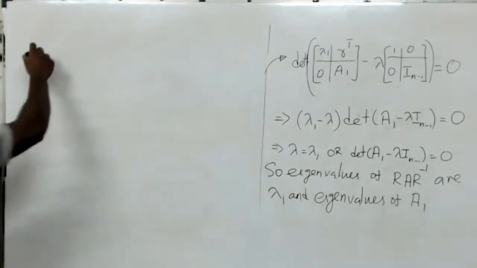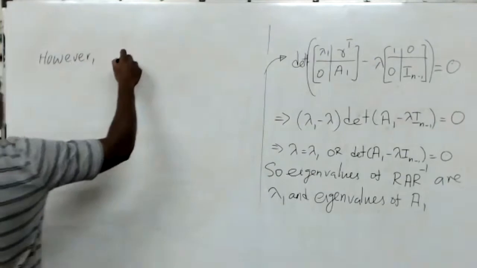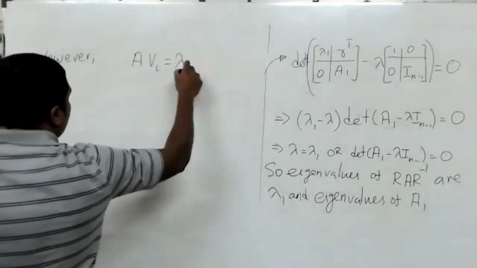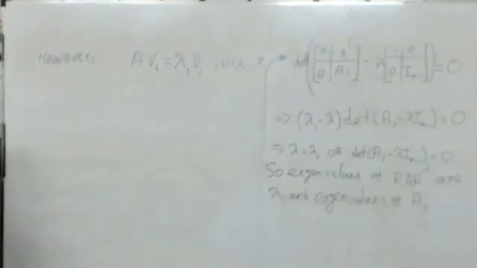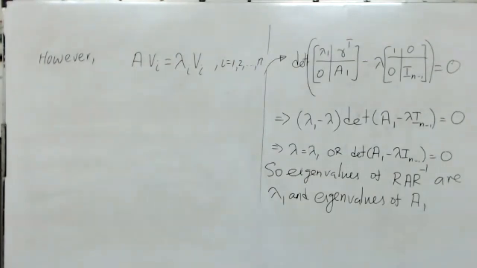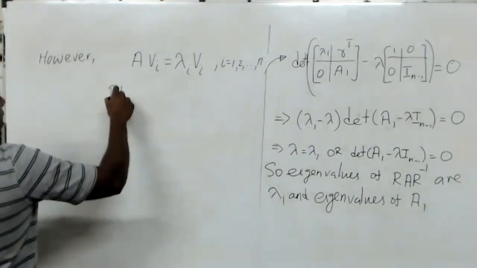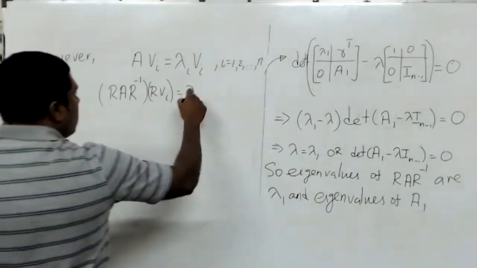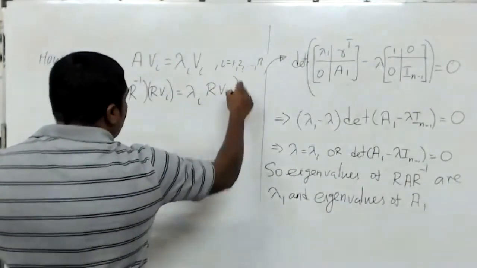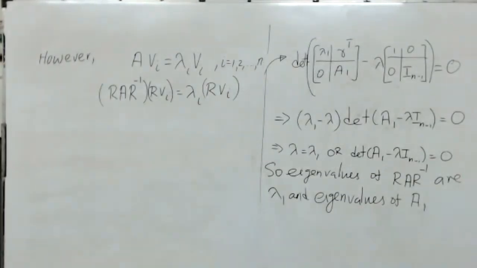However, because A is a matrix and Vi and lambda i are the eigenvector and eigenvalue corresponding to A, you have A times Vi is equal to lambda i times Vi. Then the same argument: R A R inverse times R Vi is equal to lambda i times R Vi. It is the same argument I did earlier.